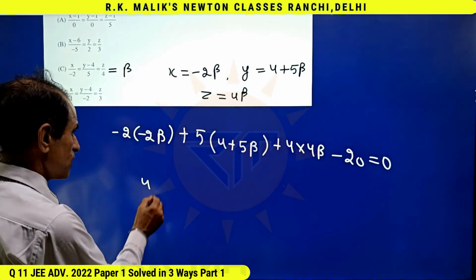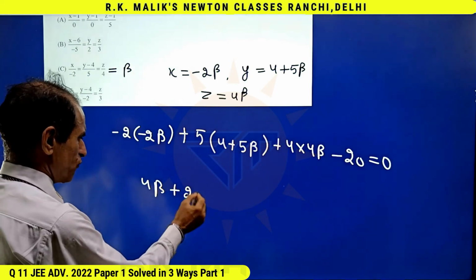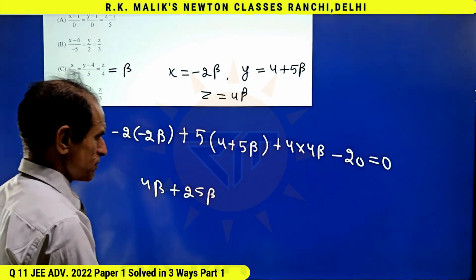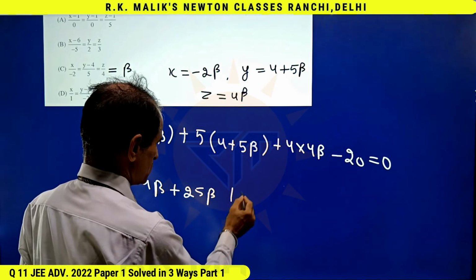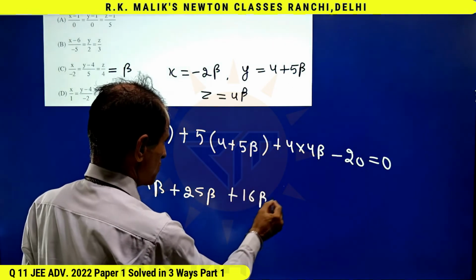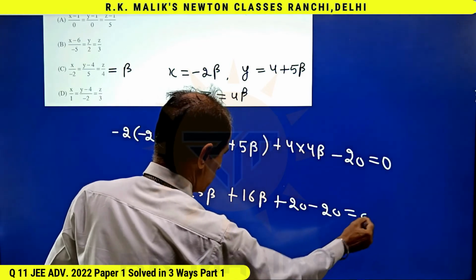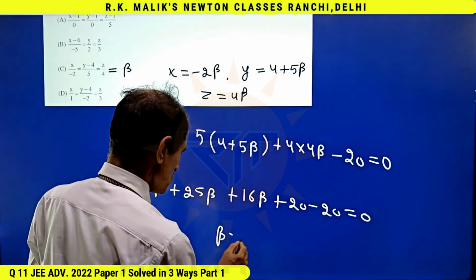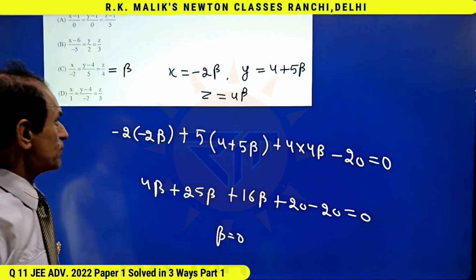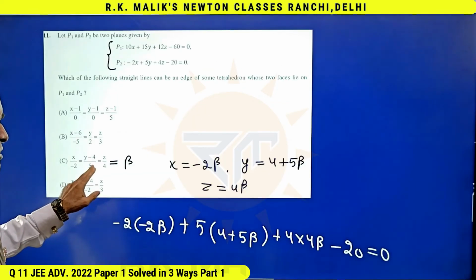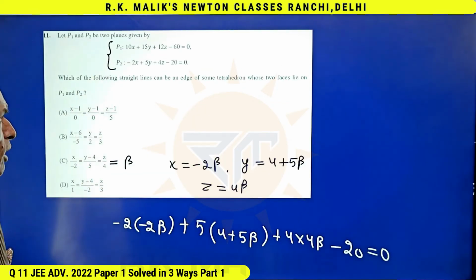That is 4 beta plus 25 beta plus 16 beta plus 20 minus 20 equal to 0. That is, beta equal to 0. Hence this line cuts the plane P2 also at the same point 0, 4, 0.